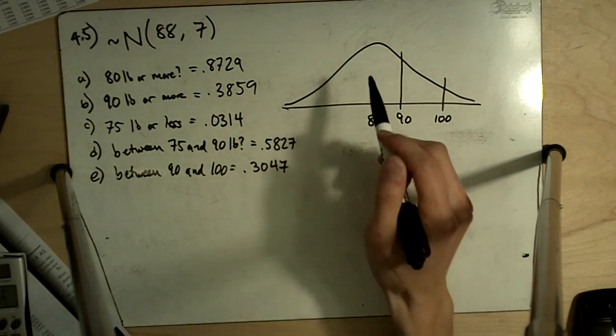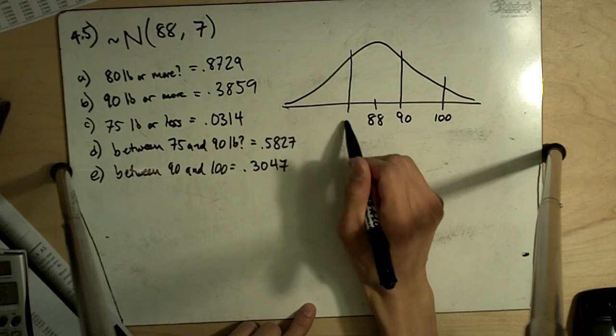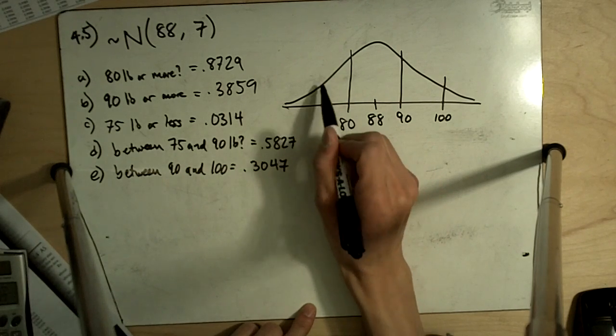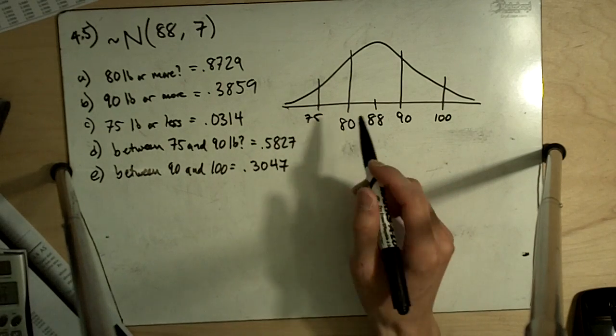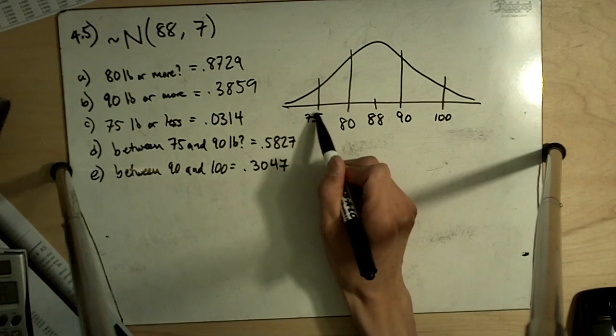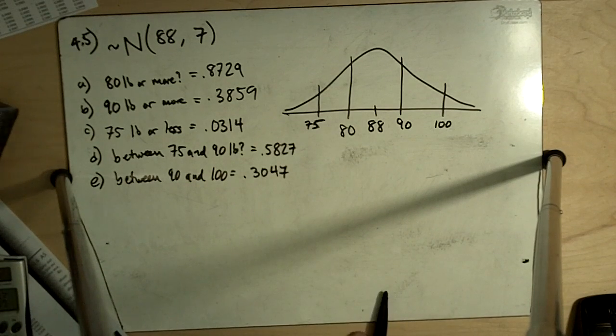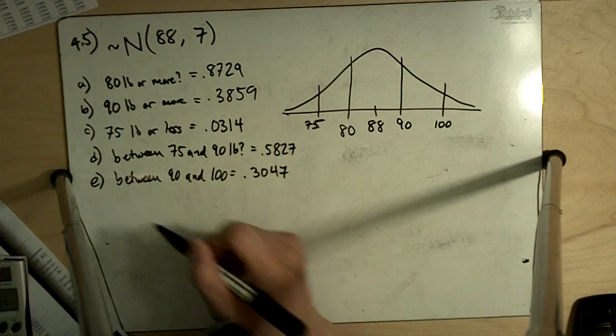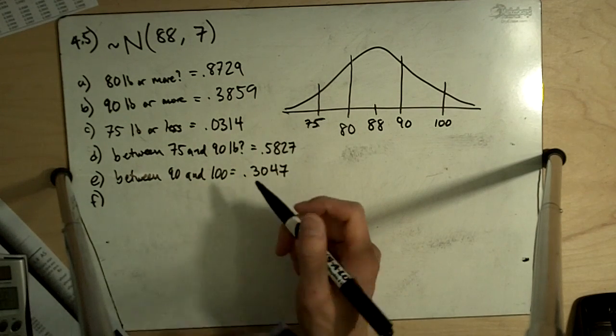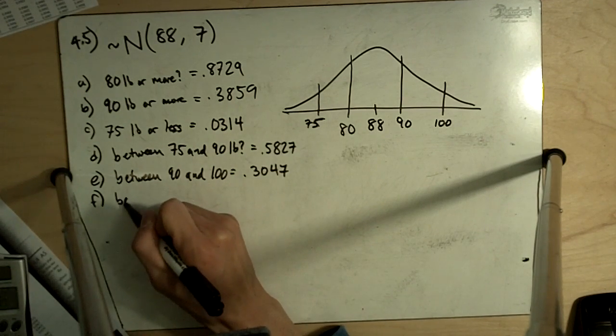And then part F asks us to find between 75 and 80. Okay, we can't use the symmetry from E, but for F, we actually have a lot of these numbers.